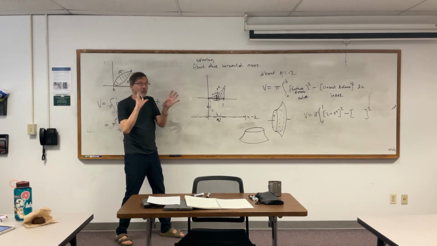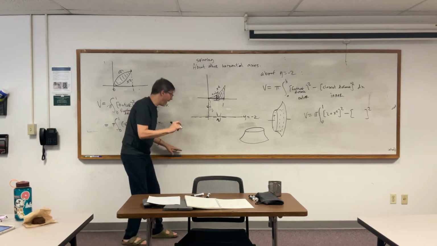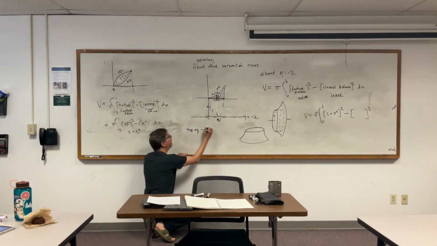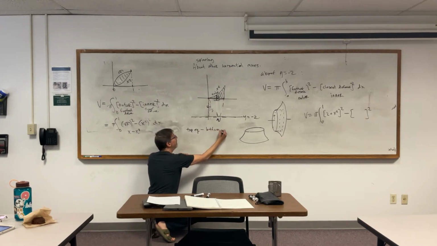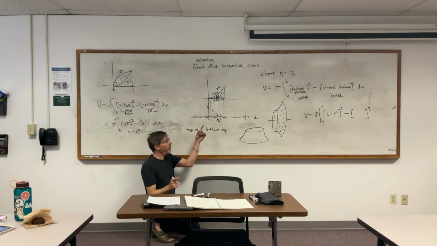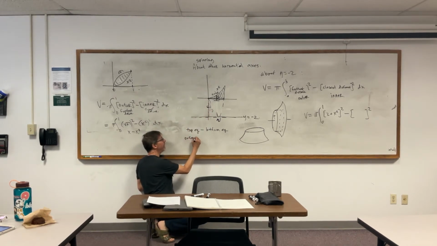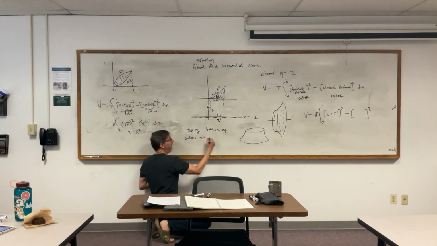Here's another way to think of it. If that geometric way I'm talking about it is bad, you can always just do top equation minus bottom equation. So let's do the outer. For the outer, the top equation is x squared, and the bottom is -2.